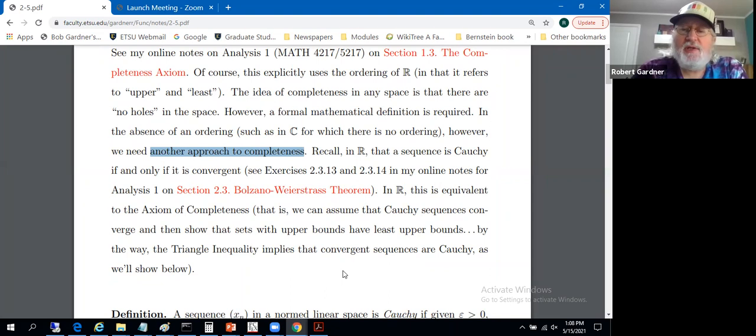The fact that convergent sequences are Cauchy, that implication is real easy. It's just the triangle inequality. We'll actually do this down below. Triangle inequality will show that convergent sequences are Cauchy. It's the converse of that. Cauchy sequences are convergent in the real number setting. That's the tricky part.